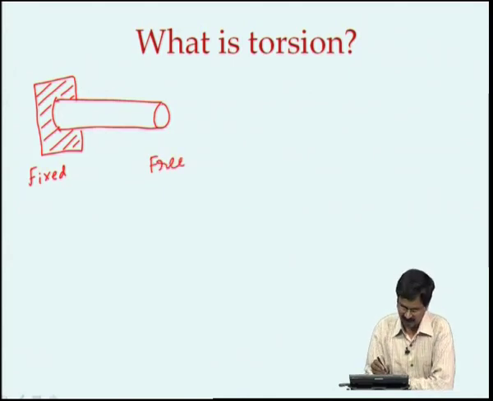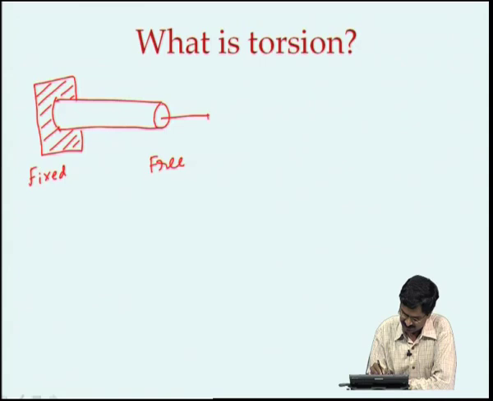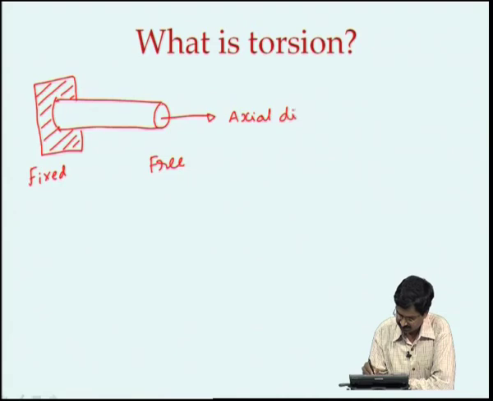When I apply a load in this direction, all it will do is deform in the axial direction. So, this for us is the axial direction. If I apply a force in this direction, it is going to stretch, which we have already discussed.